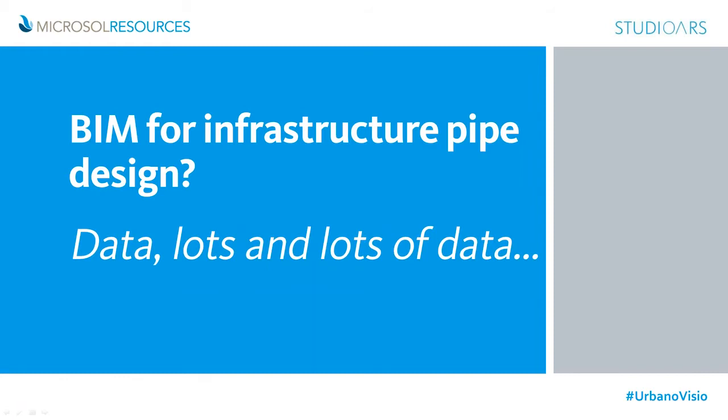And to keep it quite simple, what does BIM for infrastructure in pipe design mean? Well, it means data, lots and lots of data, and the more BIM you get, the more data you will have.